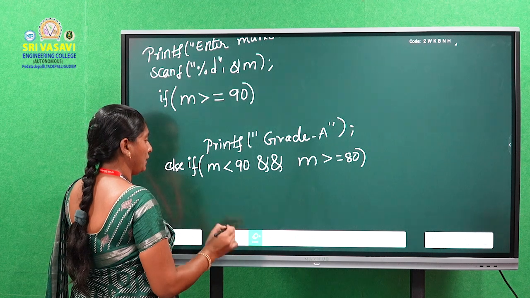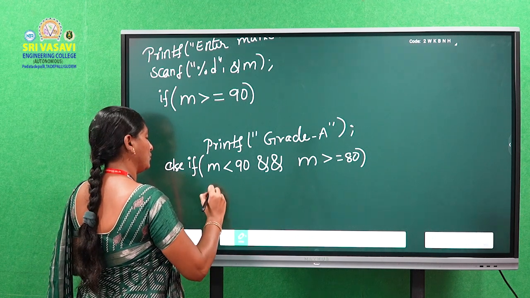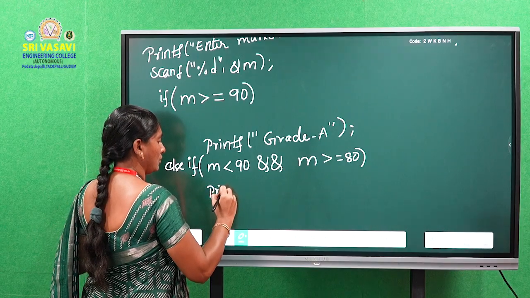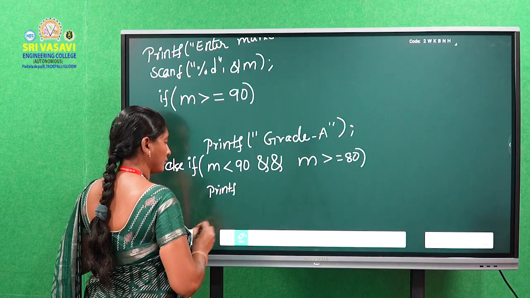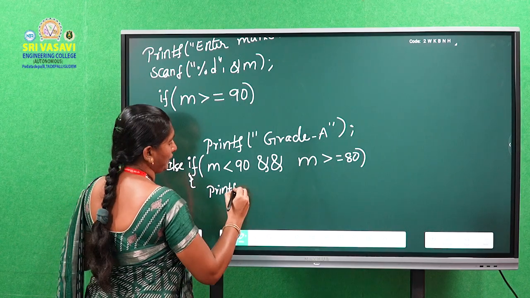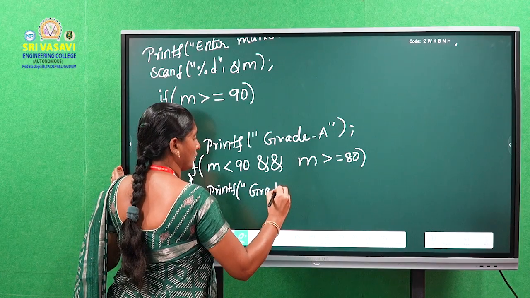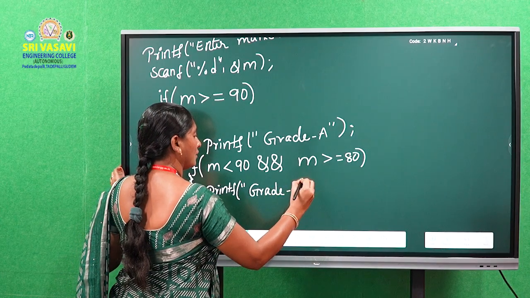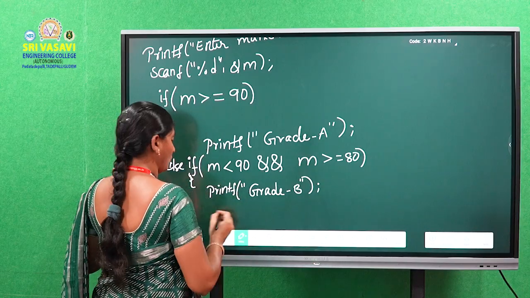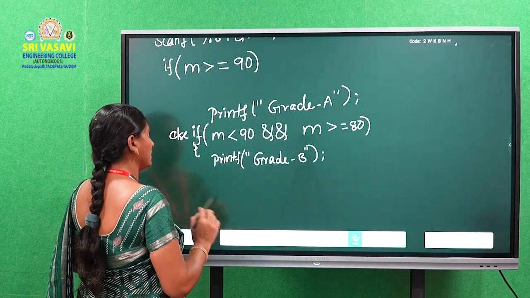So less than 90 and greater than or equal to 80. If this condition is true, what do you have to do? You have to print. If you want to include curly braces, you can include them. printf the grade is grade B. As this is only a single statement, here you can remove the curly braces also.